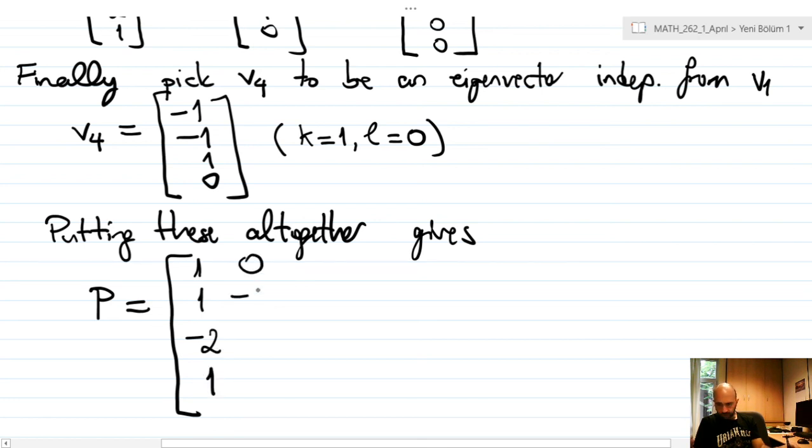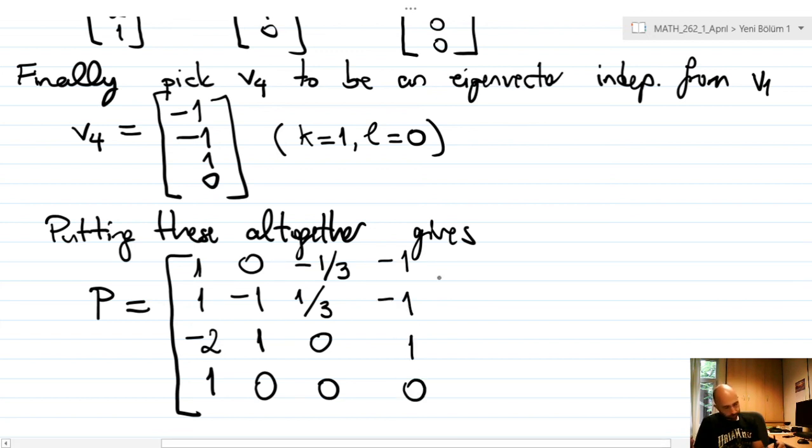Now please note that we had many choices along the way. So if you do it in a slightly different way, your P and my P might not agree. That's totally acceptable. But the columns should satisfy that linear system. That's important. Okay, this is the P that we found.